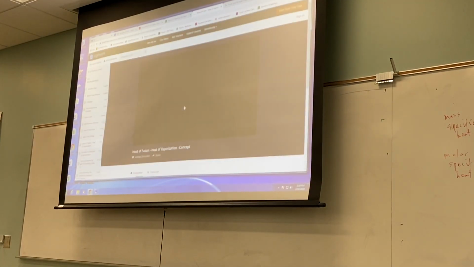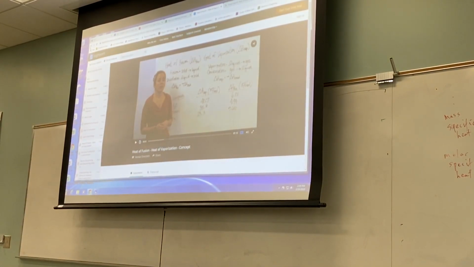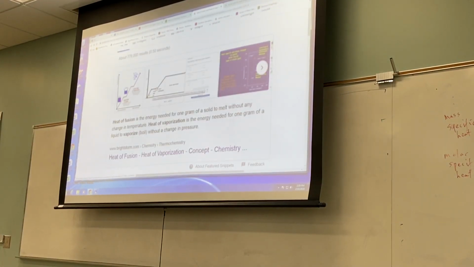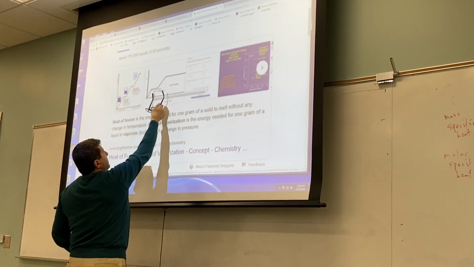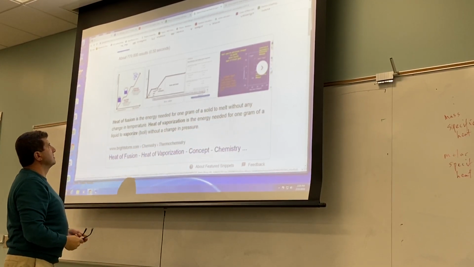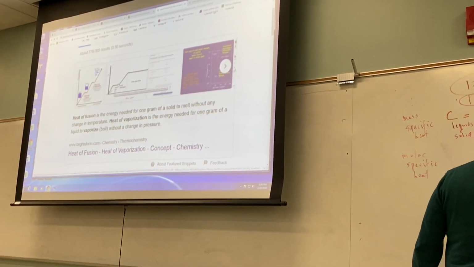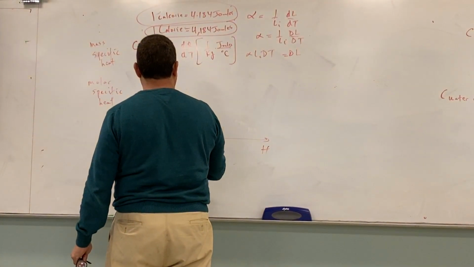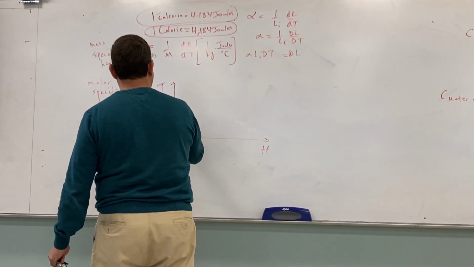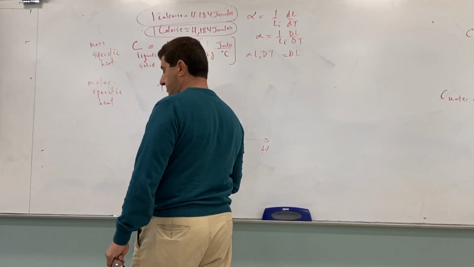My students have a hard time with this too. When you see these graphs, what do they mean? They're graphing the temperature, I believe, and the amount of heat that you're putting in. So as I'm putting in heat, the temperature is going up. For water, when you finally reach 0 Celsius, you have to put a certain amount of heat for it to melt.